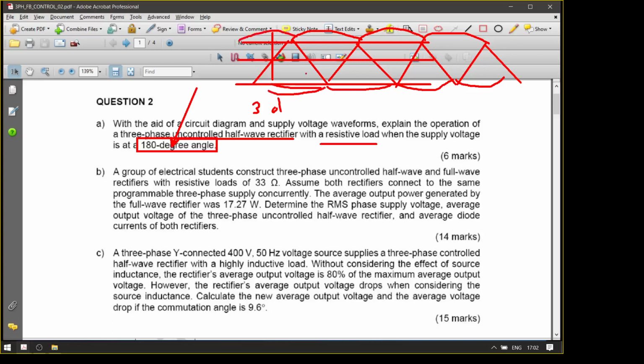Then you need to explain the circuits. Of course, you need to draw the circuits, uncontrolled rectifier. So you have a diode here. So label correctly, you can do D1, D2, D3 if you like.